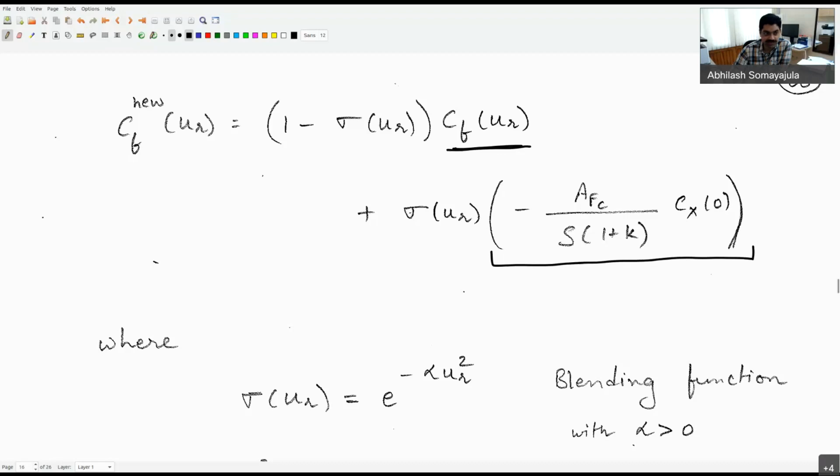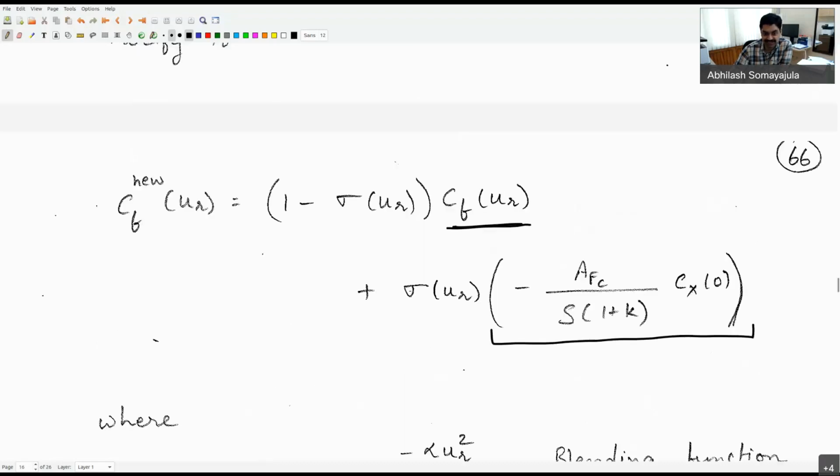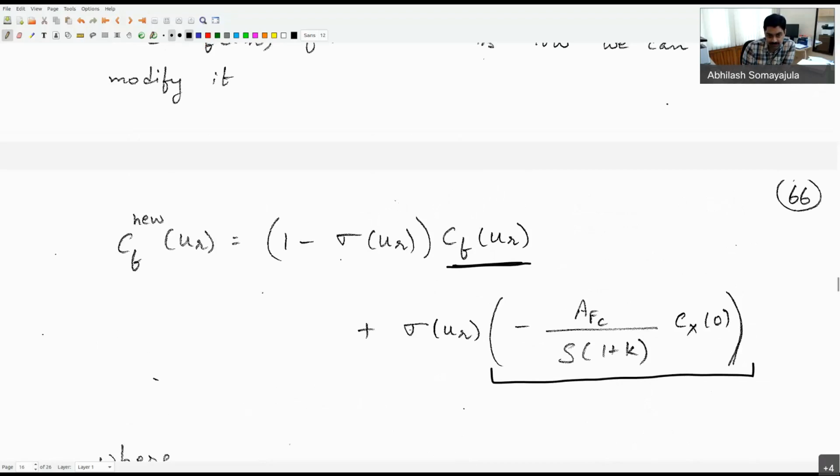So this sigma function which I see here should be zero at higher speeds, so that it represents the skin friction formula. At lower speeds, it should be closer to 1, so that it represents the current formula.